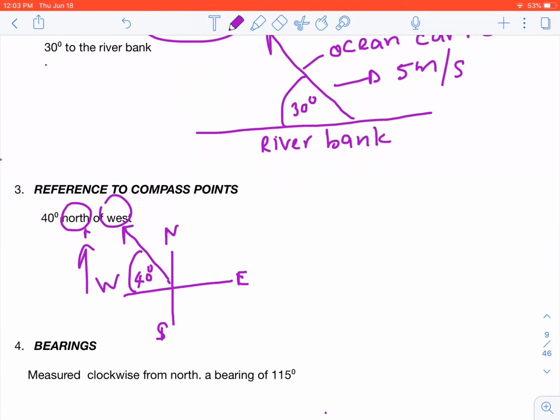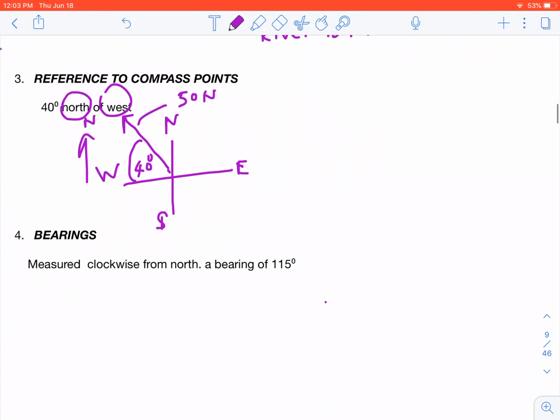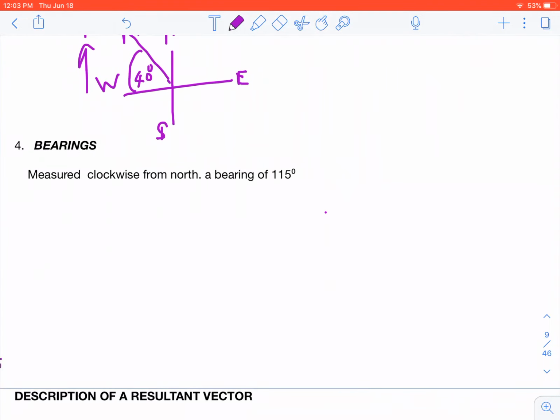That's your north. It could be, for instance, wind blowing with a force of 50 newtons, or it could even be wind speed in meters per second if that velocity is directional.